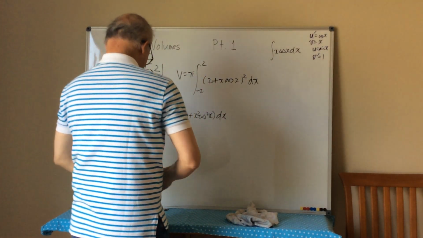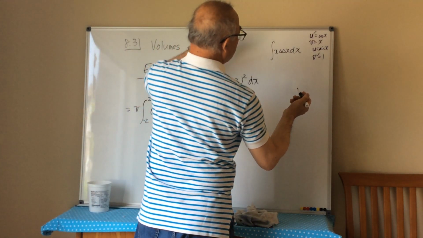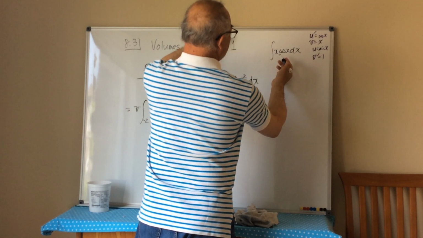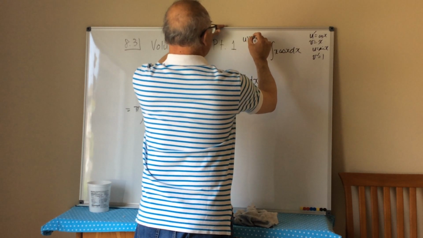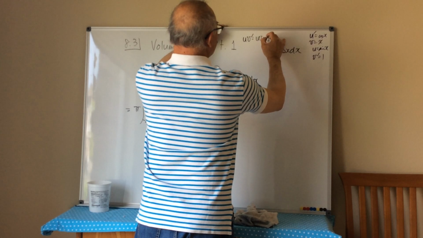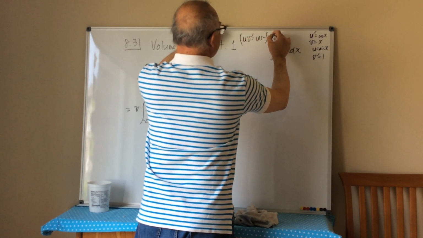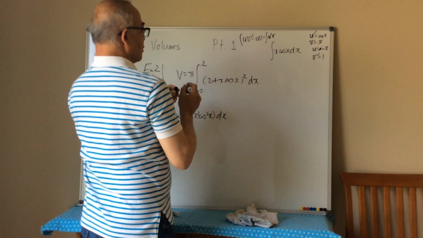So we have the integral of u prime v equals uv minus the integral of u v prime.